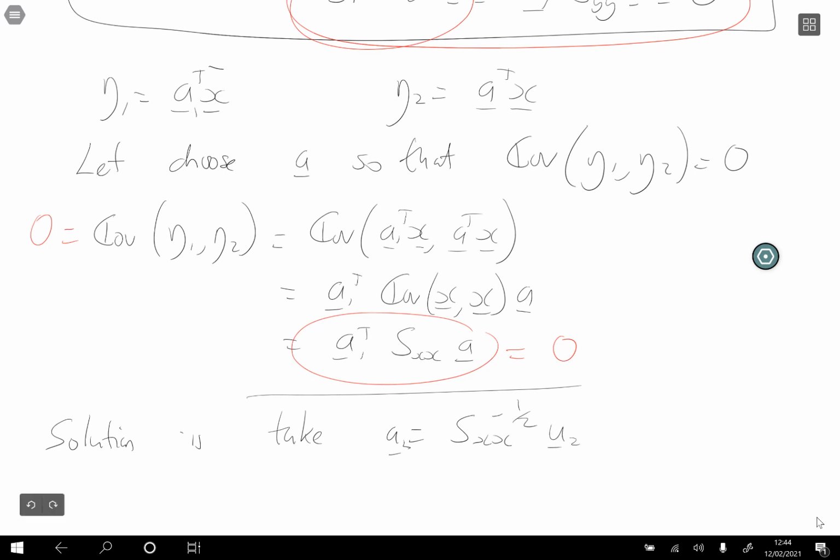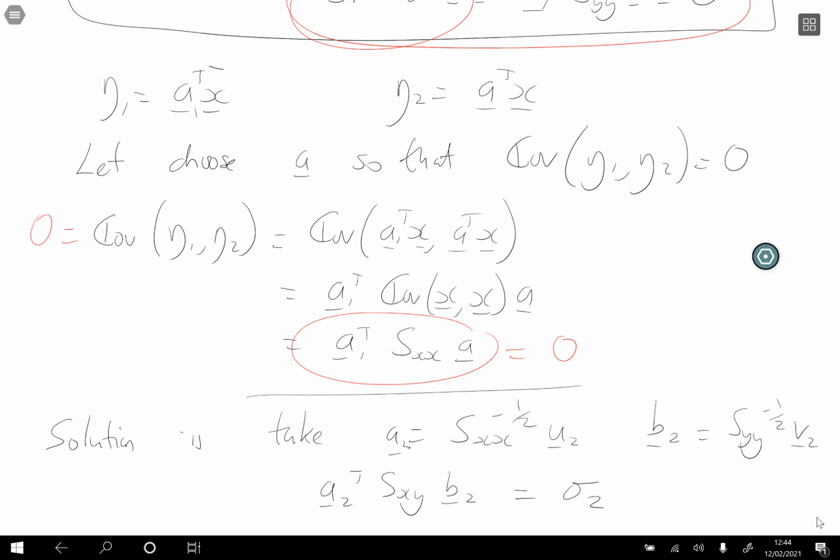And similarly, we're going to take B2, the second canonical correlation vector, to be SYY negative square root times V2. And then we're going to find that A2 transposed SXY B2 is going to be the second singular value.